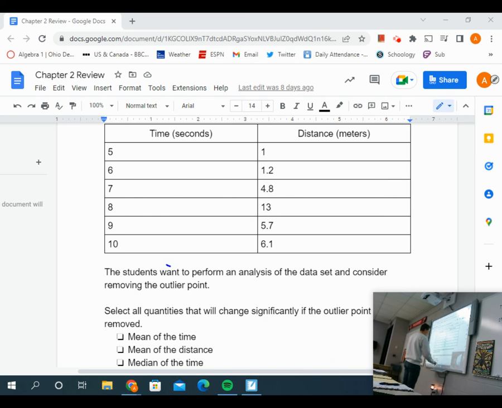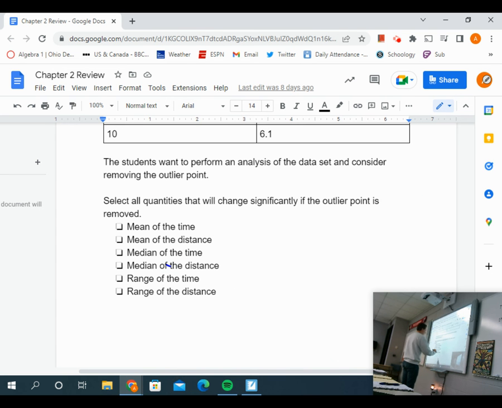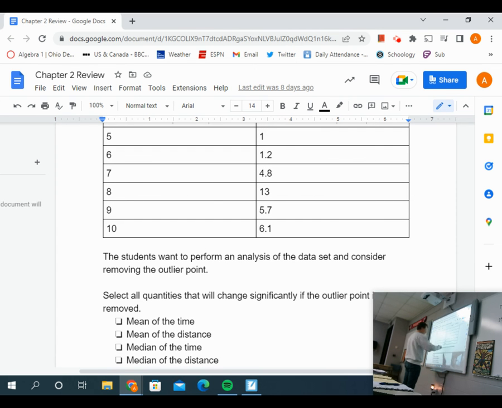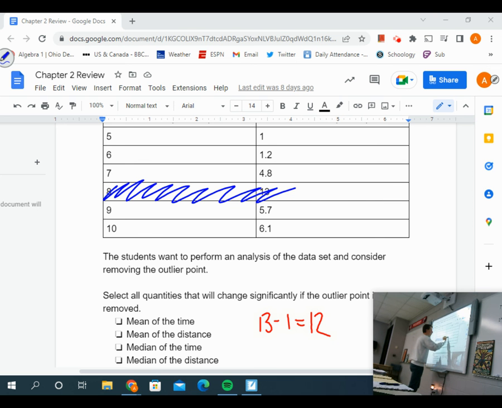What if I do range of the distance? Well, again, simply do largest minus smallest. The range of the distance would be 13 minus 1, and I would get 12. But if we remove this outlier point, and then we recalculate range, now I'm only going to do 6.1 minus 1, and I would get 5.1.